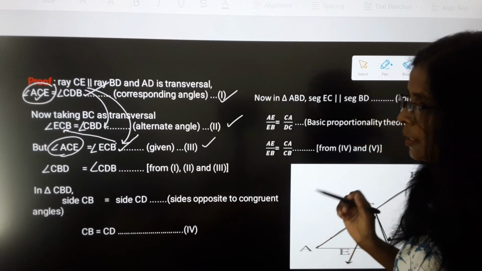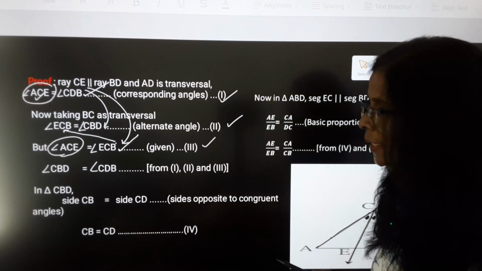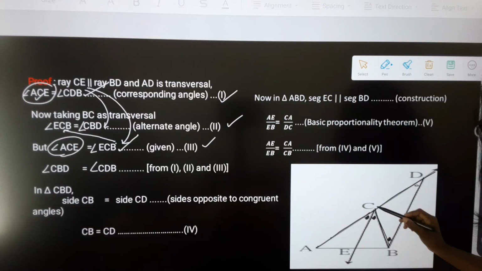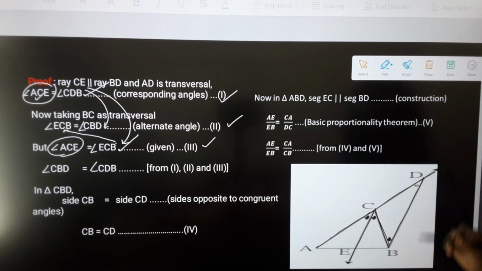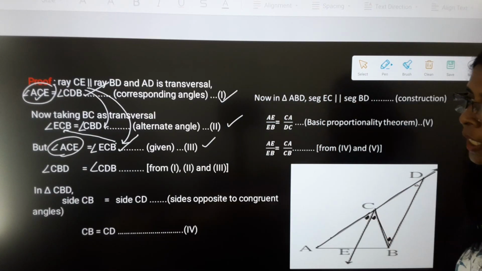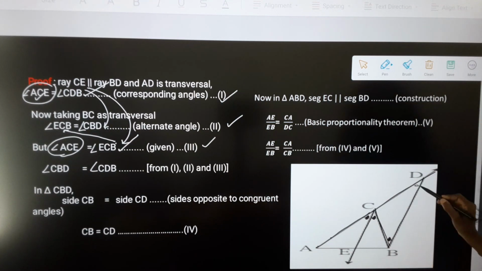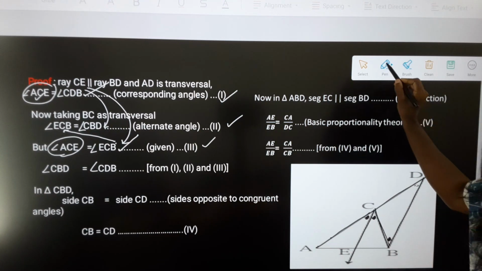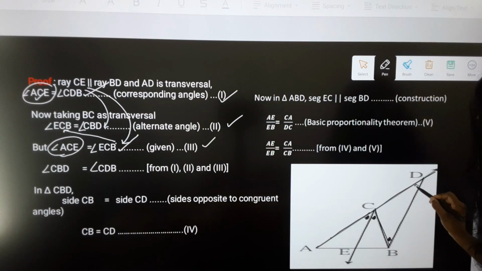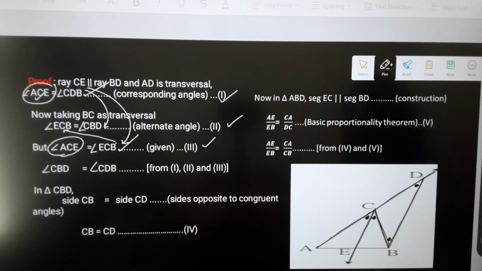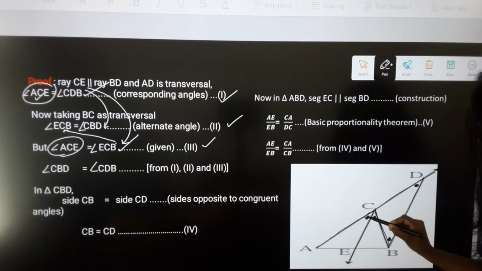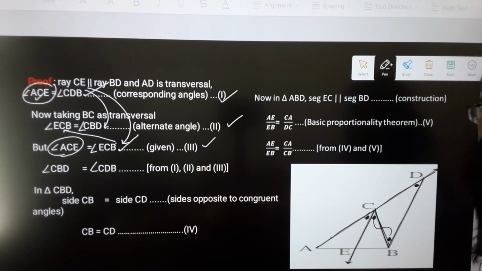So now see the next part one, that is in triangle CBD, the upper triangle. Here we say that these two angles are congruent, students, because this angle is congruent to this angle, and this angle is congruent to this angle.